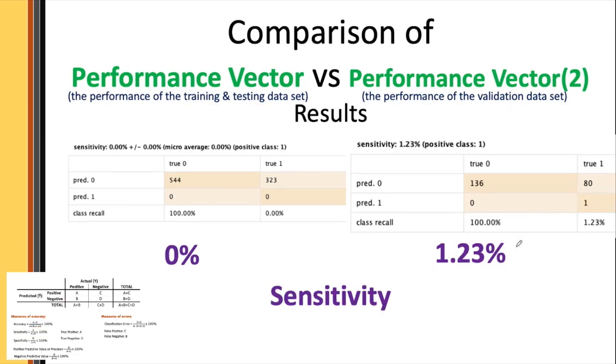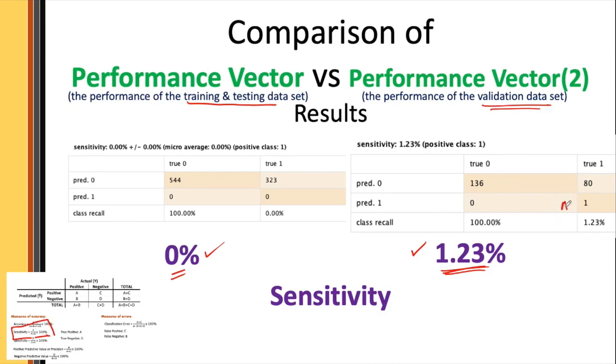Next, as for the sensitivity, the performance of the training and testing dataset is 0%, while the performance of the validation dataset is 1.23%. This again shows that the performance of the validation dataset is better as compared to the performance of the training and testing dataset. Now, sensitivity in this case is computed using this equation, A over A plus B times 100%.